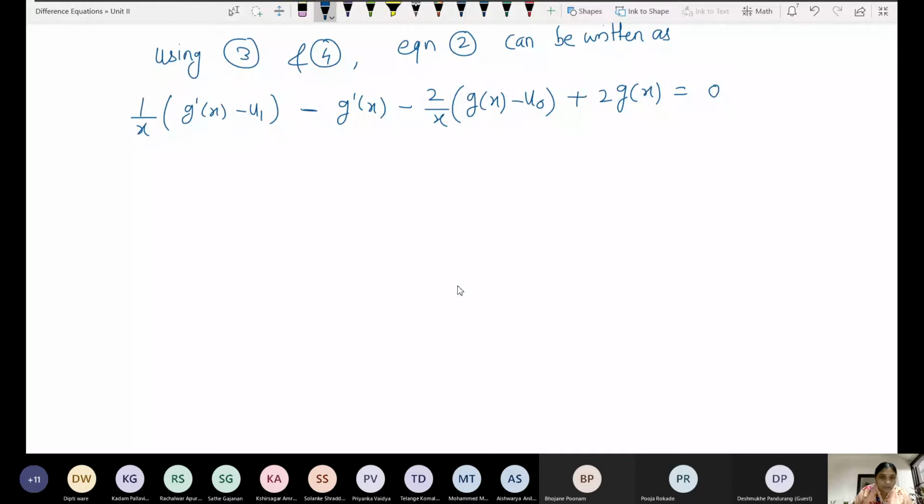So this I can write as g dash of x minus 2 times g of x, which is equal to u1 minus 2 times u0 divided by minus x. Can I write like this? Check it.